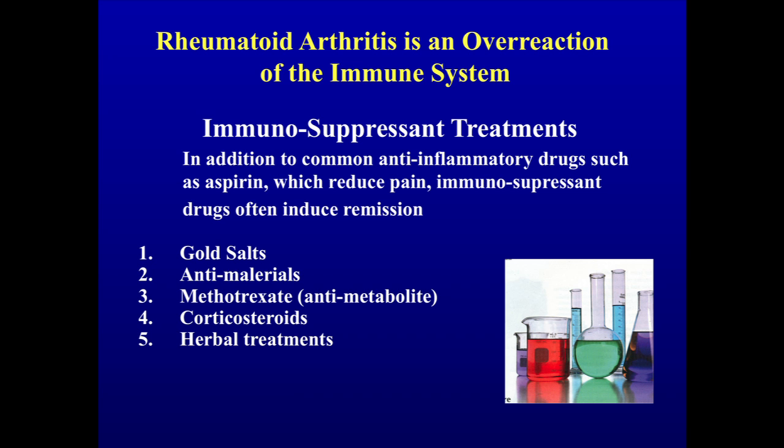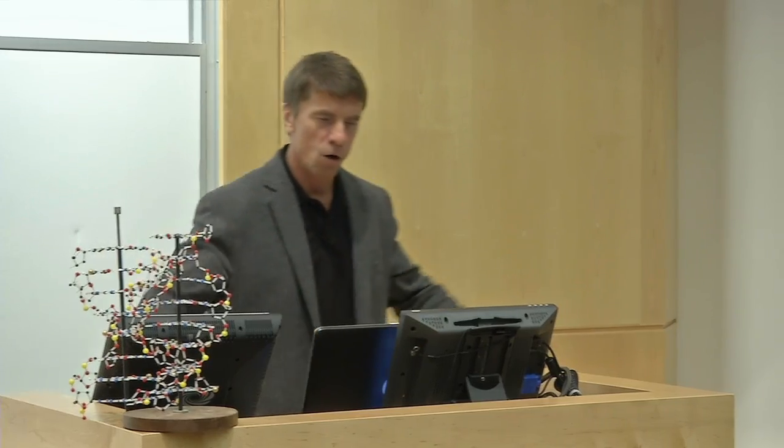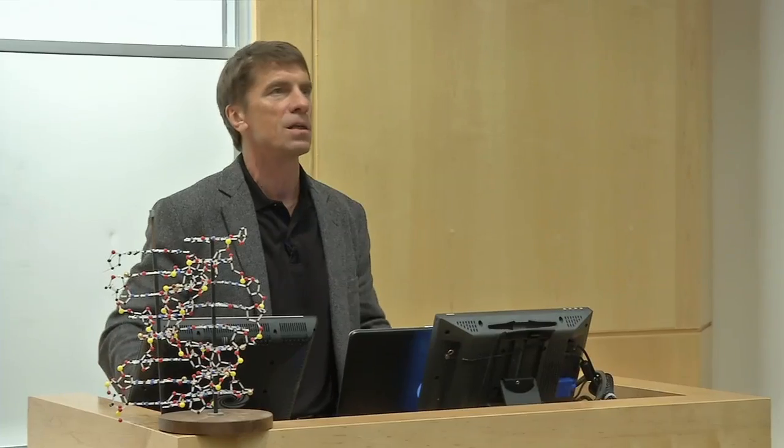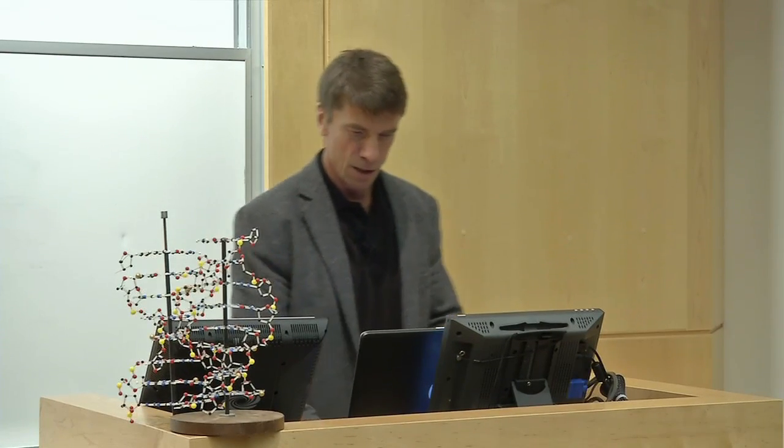Previously, these were treated with immunosuppressants like gold salts, anti-malarials, or a very popular one, methotrexate, or in fact herbal treatments. Methotrexate overall reduces the immune system. The side effect of that is obvious: you then become susceptible to all kinds of things, and it often induces remission.